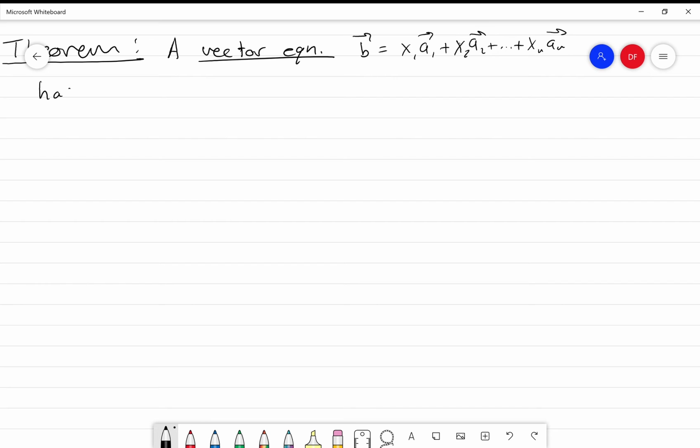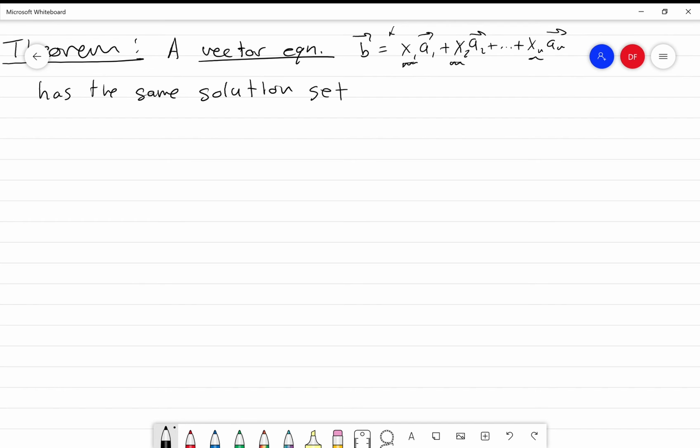This vector equation has the same solution set, and the solution set means the values for x1, x2, all the way to xn, or the different values that it could be. For example, you could have more than one set of x1, x2, all the way to xn, such that this formula is true.